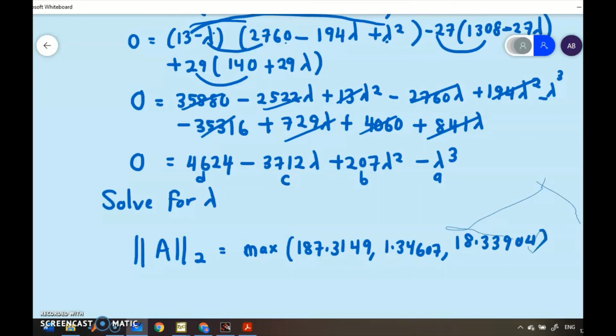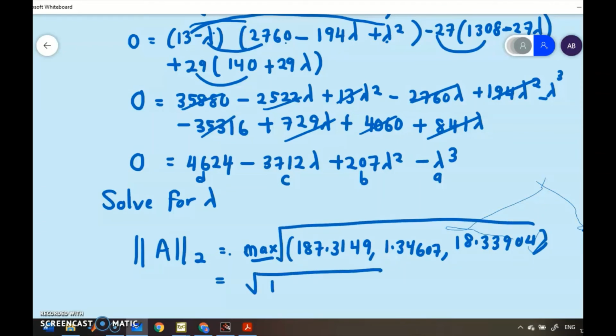Okay, so what's the maximum number here? We find the square root of the maximum. So the square root of 187.3149. This is the maximum value here. That will give you the solution.